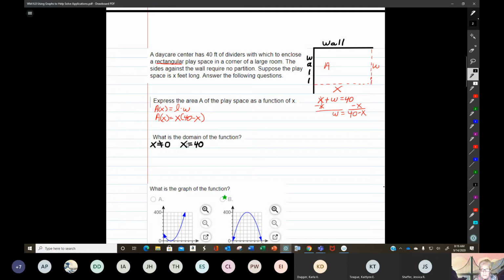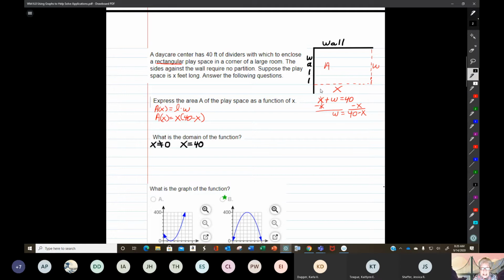So, well, what if X equaled 1 foot? Then you'd have a very narrow play space that nobody could play in. But it would still be there even if it looked funny. What if the length were 2 feet? You'd have a wider play space. 3 feet, 4 feet, 10 feet, 20 feet, 30 feet, 35 feet. You would have a play space.